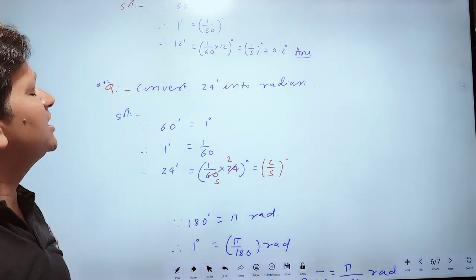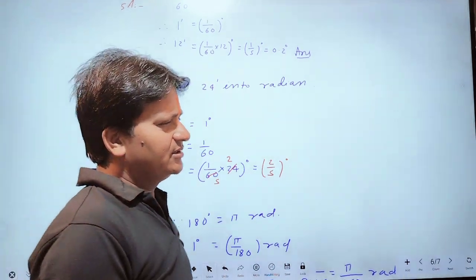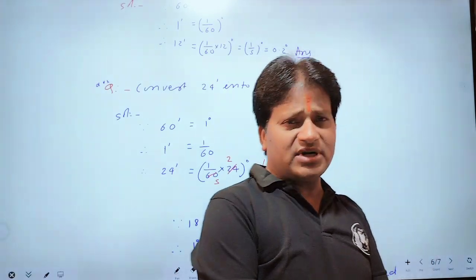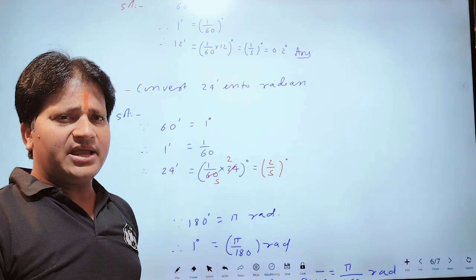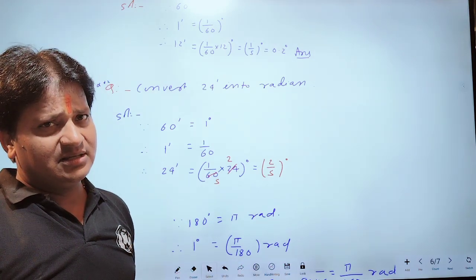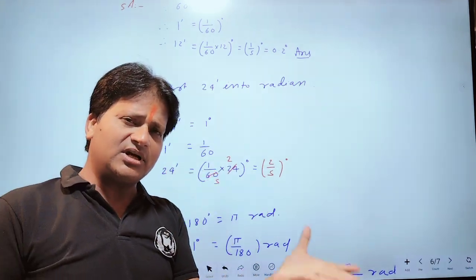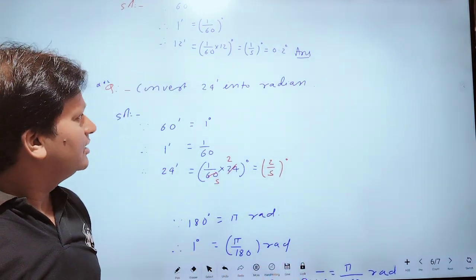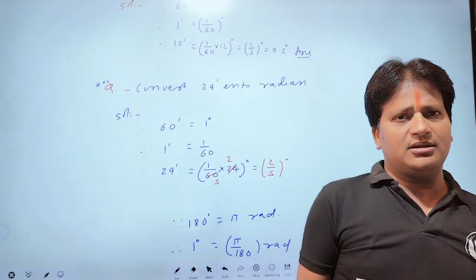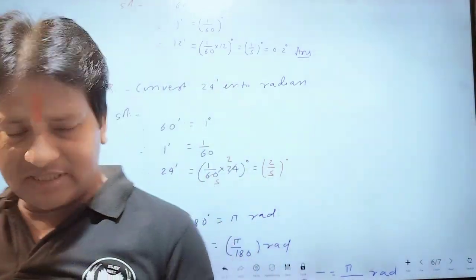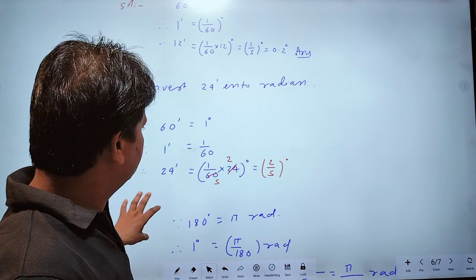Convert 24 minute into radian. We know that 60 minute is equal to 1 degree. Therefore, we divide by 60. Then minute is converted into degree. And further, degree is converted into radian by multiplying by pi by 180.